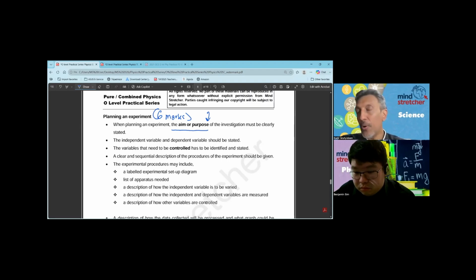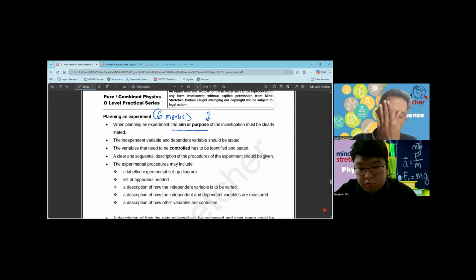If you get your title or topic wrong, you can be writing a beautiful essay of 300 or 500 words, but if your topic and what you're writing are totally not related, then you are off. Same thing here. If your aim or purpose of the investigation is not following what they want, that is a problem. So you have to be very clear what they want you to do. That is important.